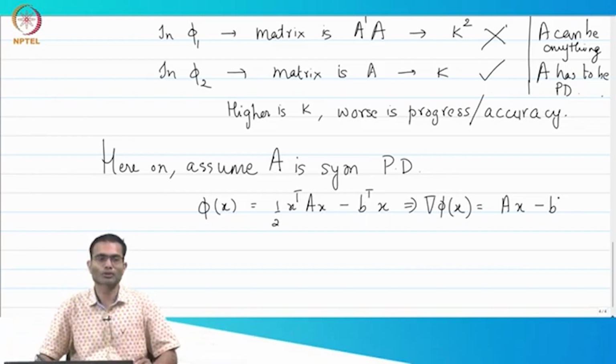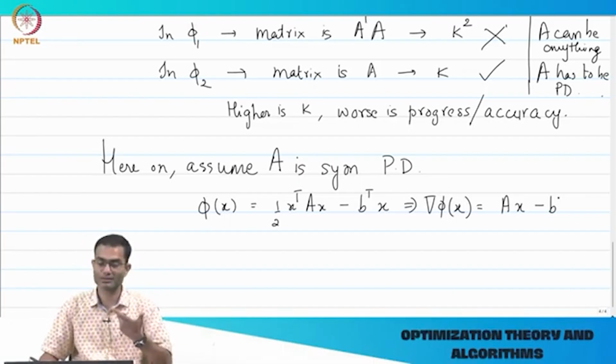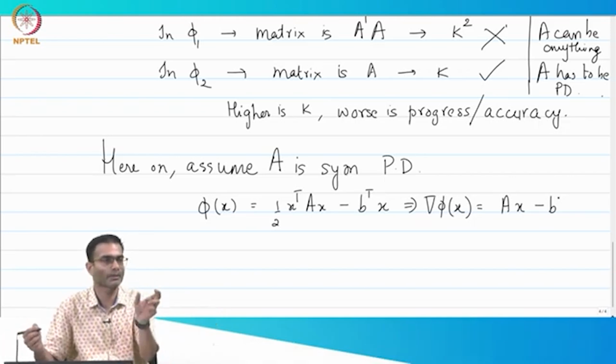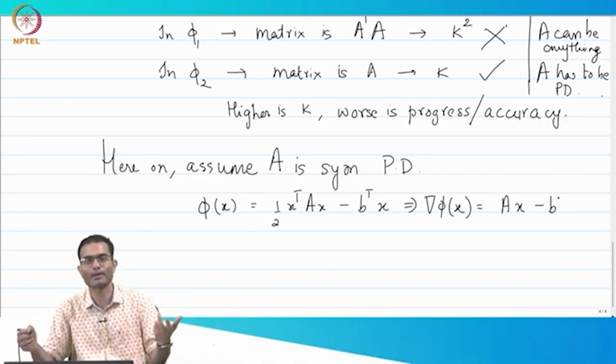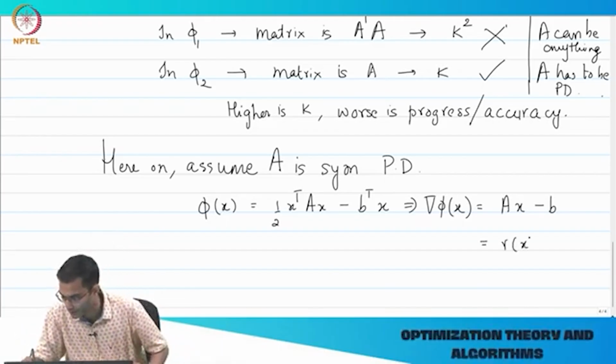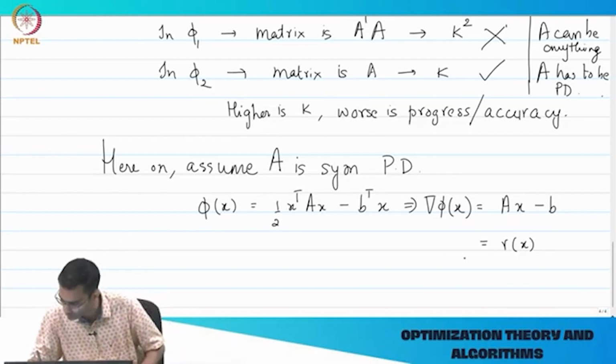A common shorthand, instead of grad fx, a common way to call this term Ax minus B is Rx, which simply stands for the remainder, right. Ideally, we want the remainder or residual to go to 0. So, another way in which this variable is kept track of is Rx, which is the residual.